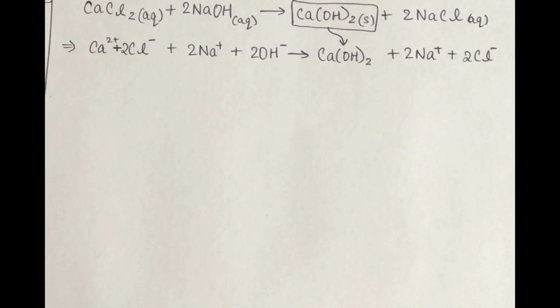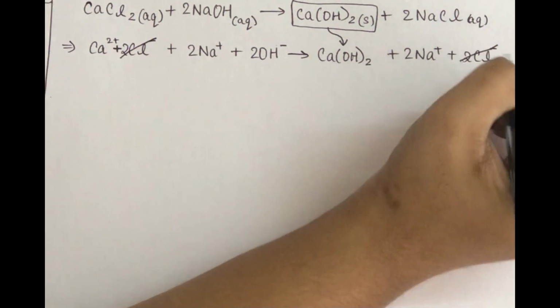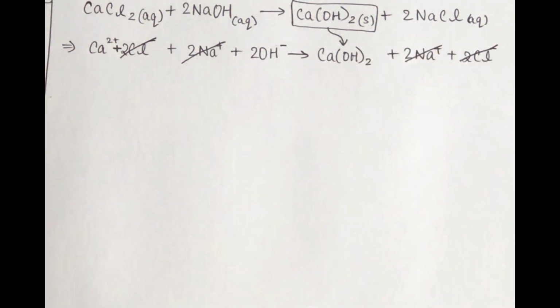Now we begin cancelling. We have 2Cl- on this side and 2Cl- on this side. 2Na+ on this side, 2Na+ on this side.